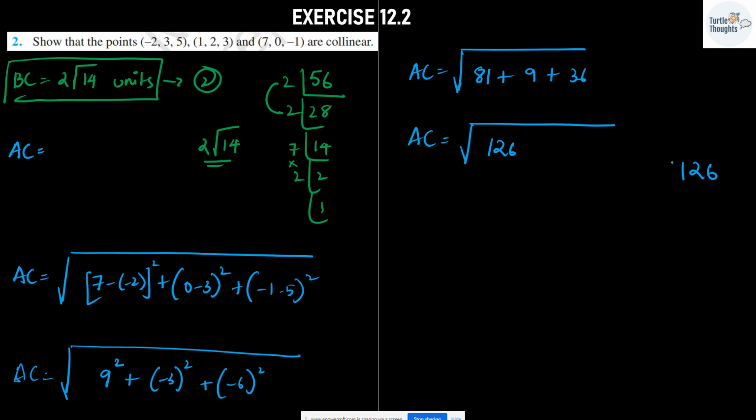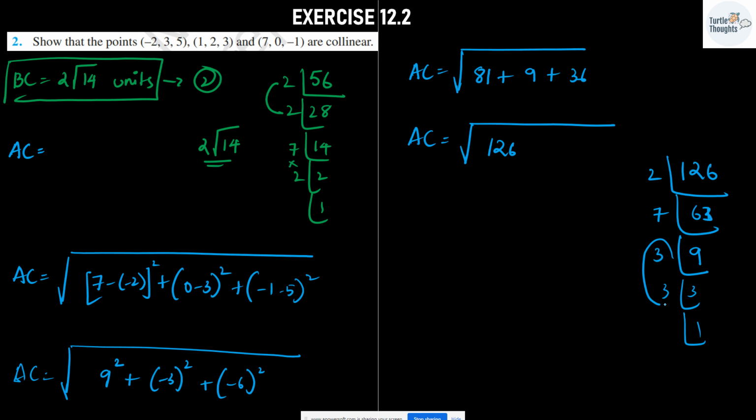I can write 126 as, if you divide with 2, you will be getting 63. Anything else? Can you do anything else over here? Sorry, this is 63, not 61. 63 divides by 3 giving 21, 21 by 3 giving 7. 7 one time.